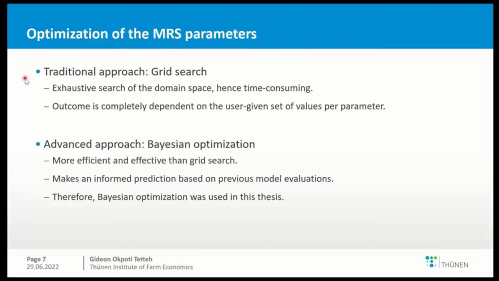Of course, it is quite inefficient. But a more advanced approach is Bayesian optimization, which is more efficient and more effective. The idea is that it tries to make new predictions based on previous model evaluations. So in my thesis, I use Bayesian optimization.